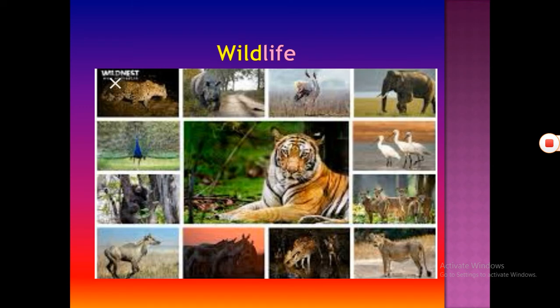Wildlife includes all the animals, birds, and other organisms living in a natural habitat. They include lions, tigers, elephants, rhino, bears, wild buffaloes, deer, antelope, and a large number of birds, reptiles, fish, and even insects.